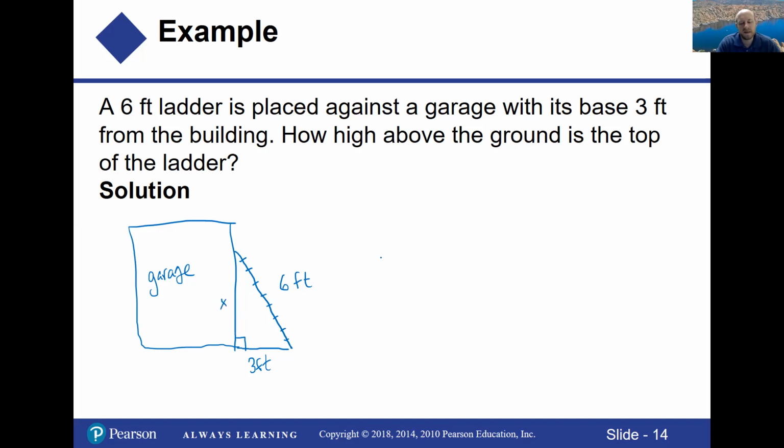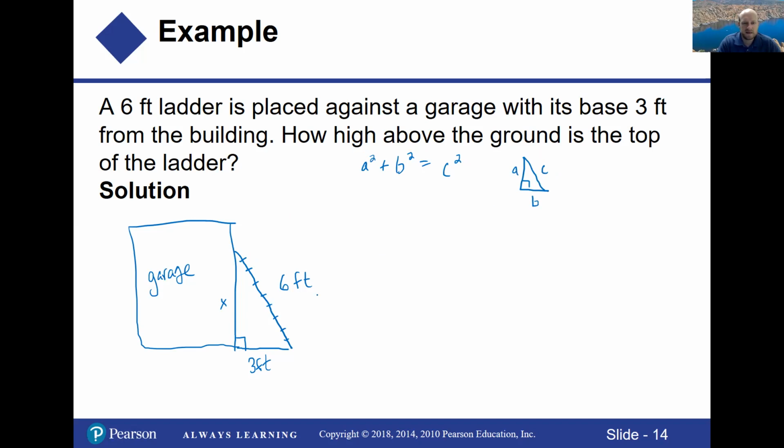If you remember from geometry, we had the Pythagorean theorem: a squared plus b squared equals c squared. In a right triangle, the sides are a and b, and the hypotenuse is c.